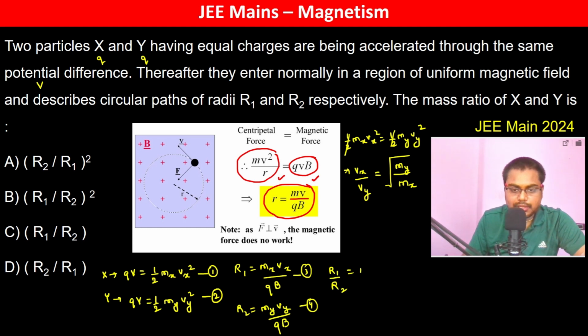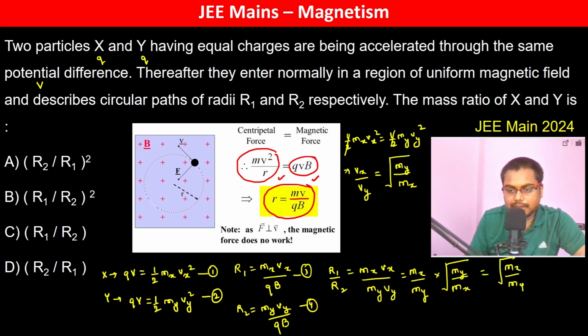This is going to be mx vx by my vy, which is equal to mx by my into vx by vy, which is root over my by mx, which gives root over mx by my. So taking square on both the sides, mx by my becomes r1 by r2 whole square. So therefore B is going to be the answer.